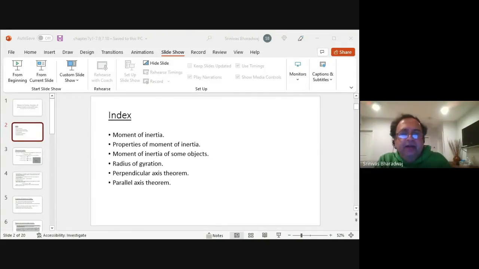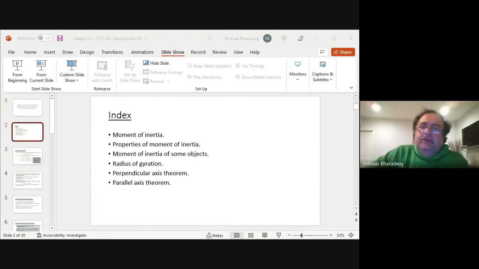If you had individual disks, the hollow cylinder is also MR squared, because it's just a series of disks. Now if instead you had a uniform circular disk, a uniform disk is a series of rings. Each of those rings is MR squared.